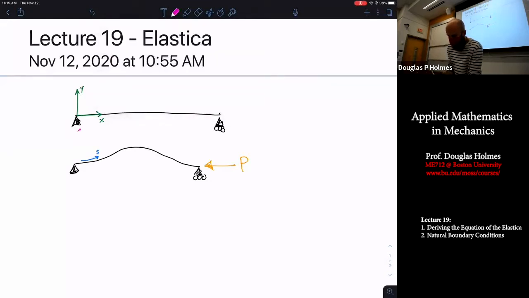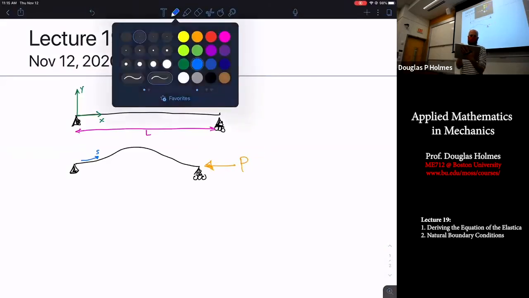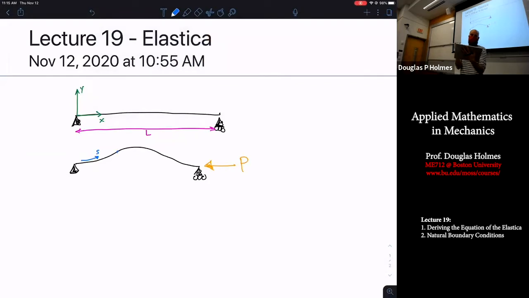So we'll say this bar has a length L. And so I still have the ability to tell you S from anywhere from 0 to L. And what it's going to tell you is if I give you a specific S, then you're going to come and say, oh, it's this thing here. And I'm living on the curve. I'm not talking about where that thing projects down or projects outward. I'm saying S is a point on the curve.